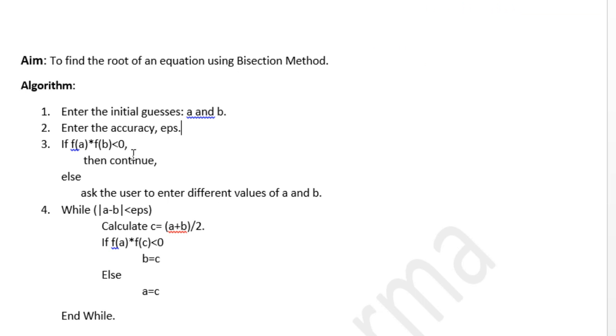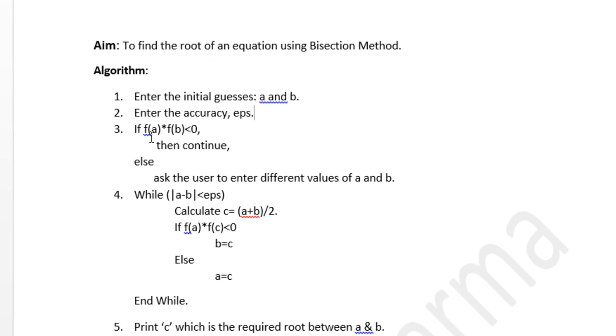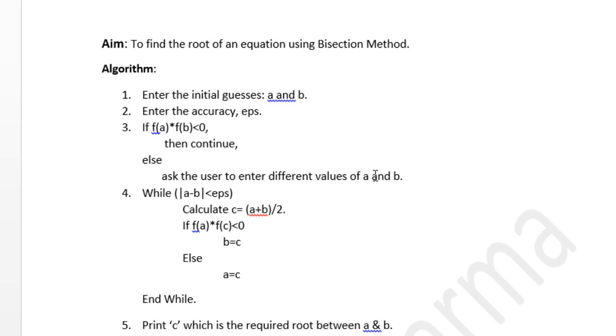Let's move on to the third step, which finds out whether the initial guesses that the user entered were correct or not, that is, whether the root lies between them or not. It calculates the product of f of a and f of b, the value of the function at the two initial guesses, and then checks if the product is less than 0, that is, if it is negative.